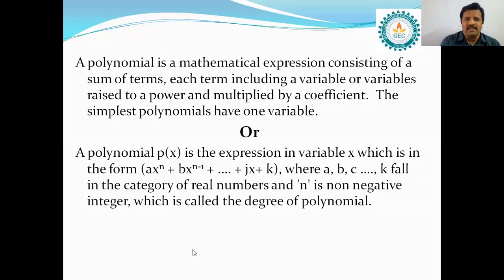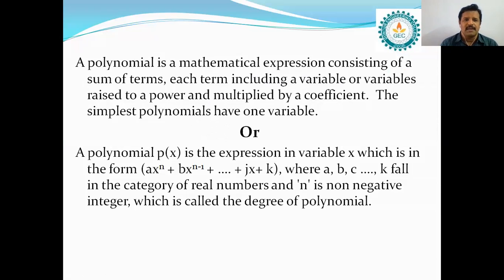A polynomial is a mathematical expression consisting of a sum of terms, each term including a variable or variable raised to a power and multiplied by a coefficient. The simplest polynomials have only one variable. This is one definition for a polynomial expression.